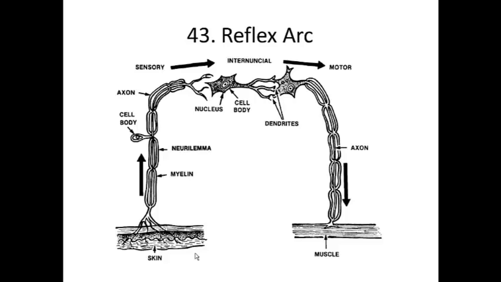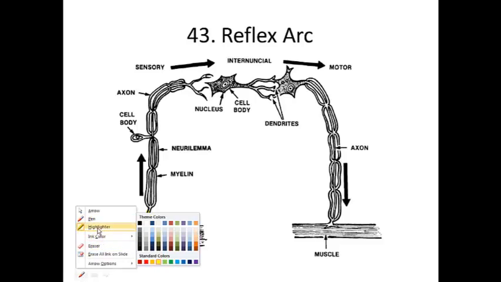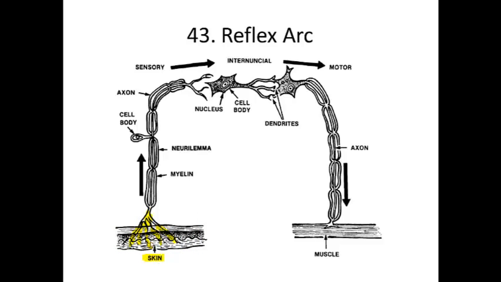So how is a stimulus sensed? In this picture, this is a reflex arc, which is part of the nervous system. Here we've got the skin, and these represent the nerves in the skin. So if I were to take a pin and poke your skin, these nerves would detect that. It then sends that signal through the axon, so that's what this thing represents here.